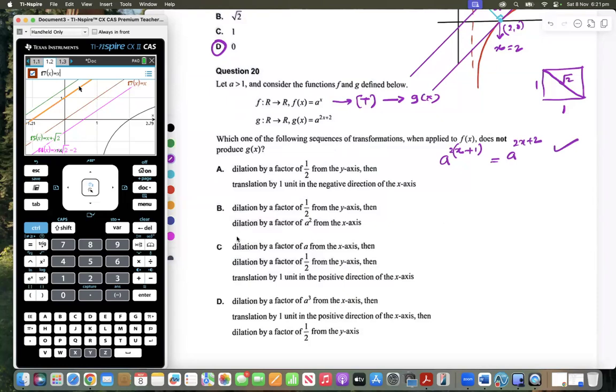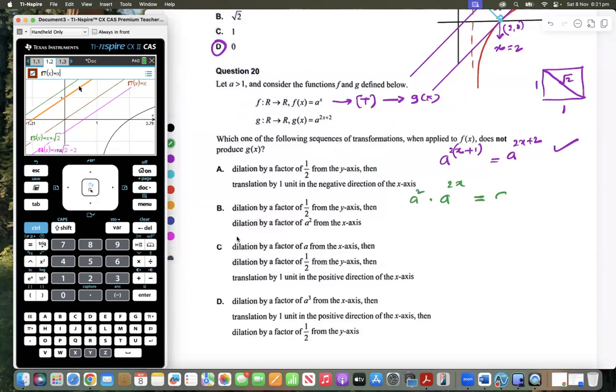Second one, dilation by a factor of half from the y-axis, which is similar to the first one, which is a to the power of 2x. Then dilation by a factor of a squared from the x-axis, multiplied by a squared.